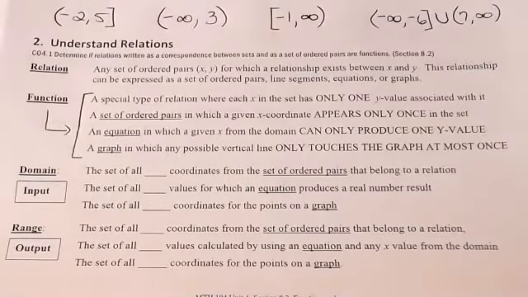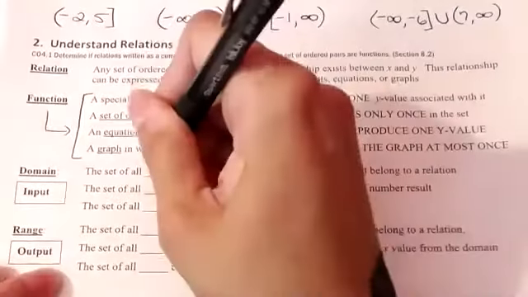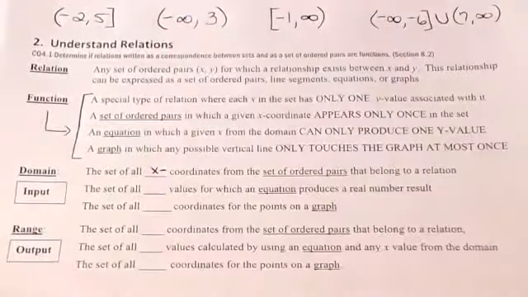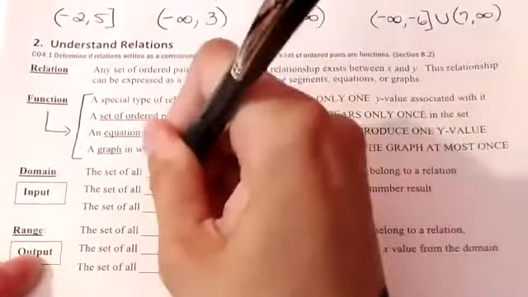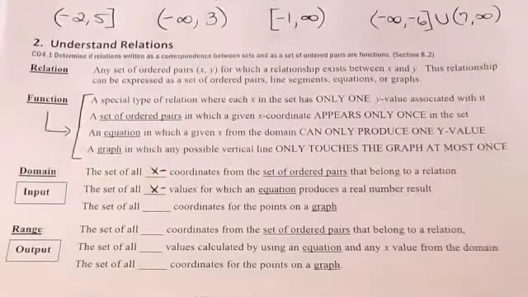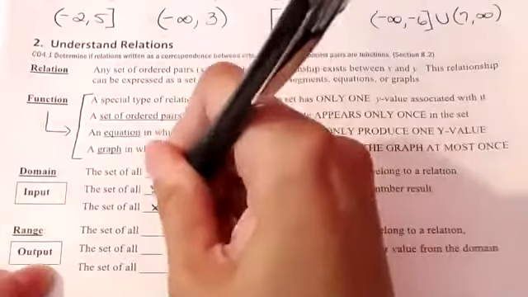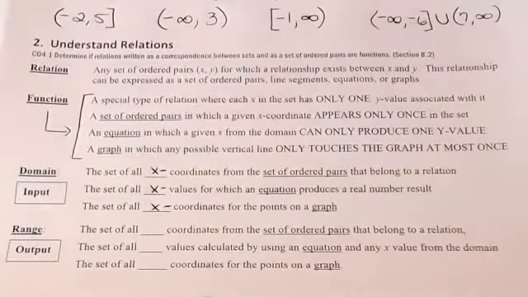When you think domain, you are thinking of the set of all X coordinates from the set of ordered pairs. You are thinking of all the X values for which an equation produces a real number result. You're thinking of all of the X coordinates for the points on a graph. That pertains to the domain X, okay?